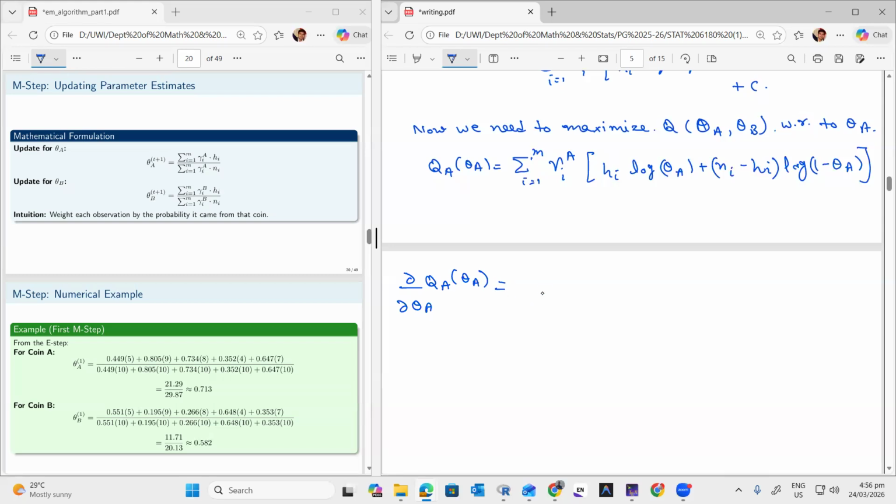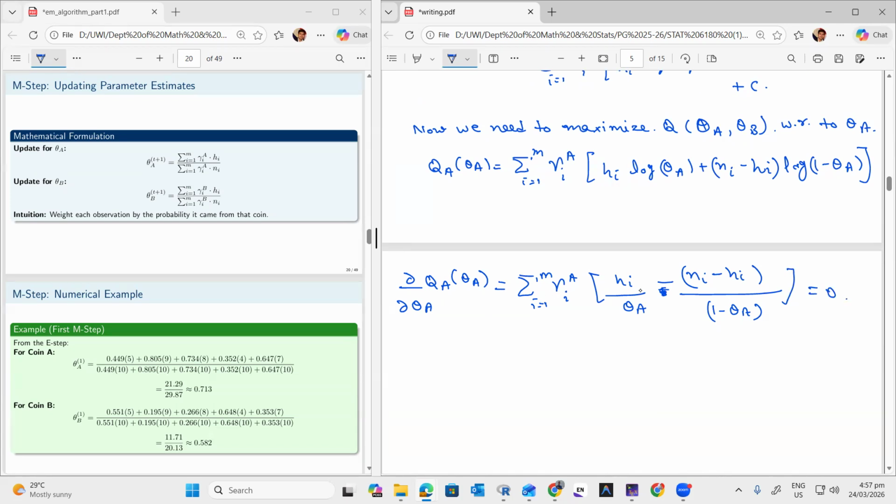When you find the derivative, the summation over i from 1 to m of gamma iA will remain as it is. Then the derivative of this will be Hi divided by theta A plus Ni minus Hi divided by 1 minus theta A, and then the derivative of 1 minus theta A will give a minus. Put it equal to 0 to do the maximization.